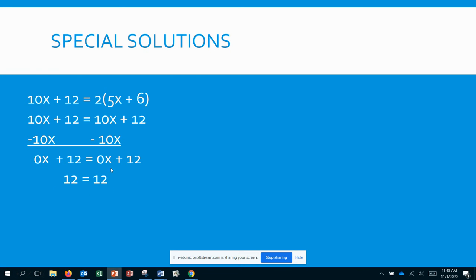Because this is an equation, whatever value of x we substitute into this original equation is going to make a true statement. I can pick any number for x: 1, 2, negative 53, 4,267, and it is going to make that statement true.